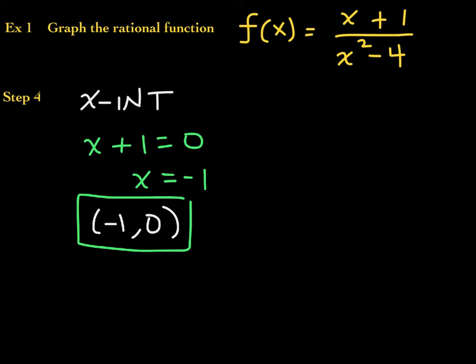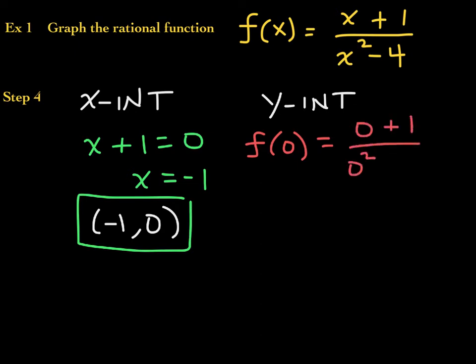Now let's find the y-intercept. You always only have one. The way we find our y-intercept is by plugging in 0 for x, so evaluating f of 0. So you're going to have 0 plus 1 over 0 squared minus 4. This turns out to be negative 1/4.